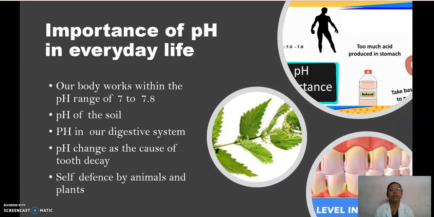Then what is the importance of pH in our everyday life? Our body also works within a pH range of 7 to 7.8. So human beings or any living organisms can survive only a narrow change in pH. For one example, we have heard about acid rain.